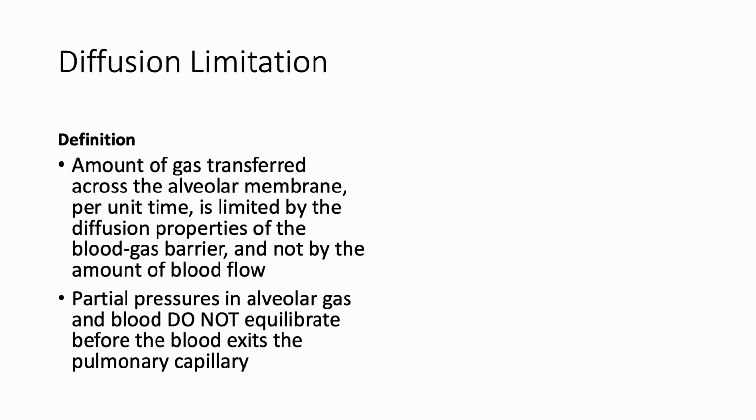So under these circumstances, the partial pressures in the alveolar gas and the blood do not equilibrate before the blood exits the pulmonary capillary, while perfusion limitation is defined using the opposite characteristics, such that the partial pressures in the alveolar gas and the blood do equilibrate before the blood exits the pulmonary capillary. As we said earlier, for both oxygen and carbon dioxide, their transfer across the alveolar membrane is usually perfusion limited.